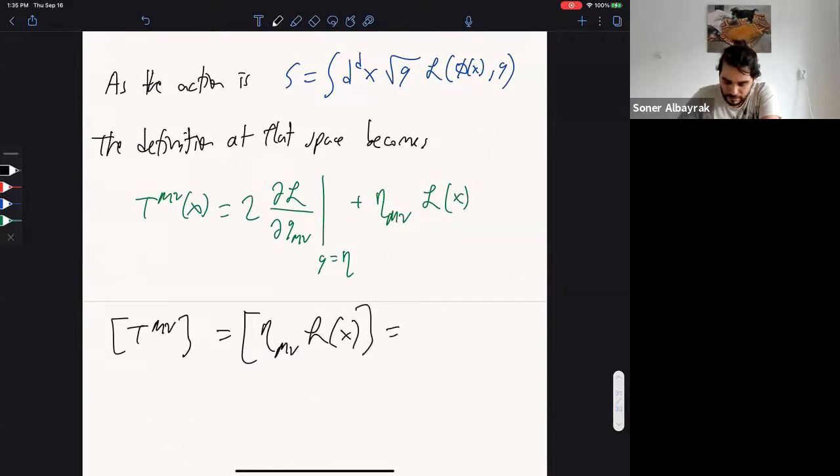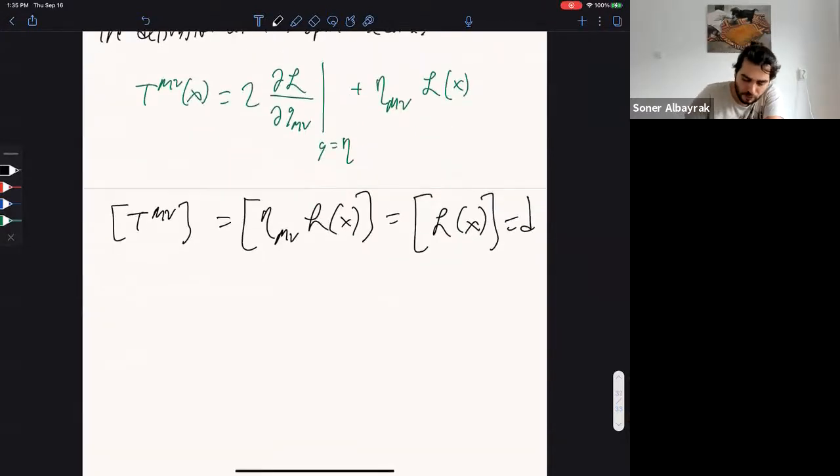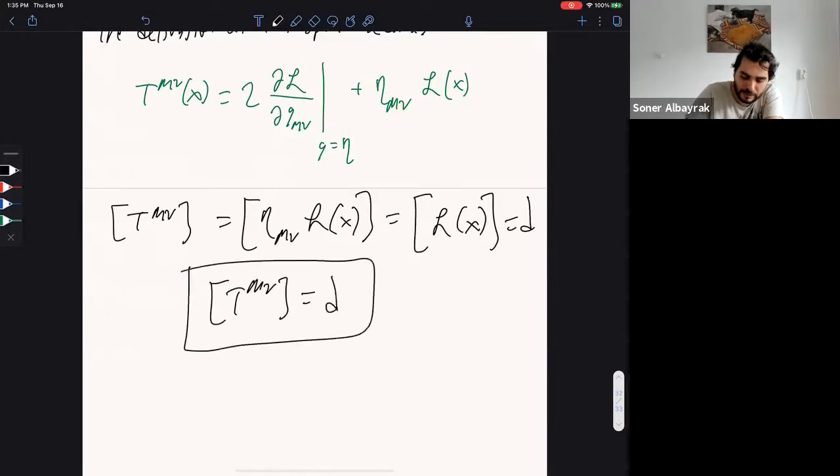It doesn't have any dimension. It's just 1, 1, 1, 1, with a minus if it is Lorentzian, but whatever. So it's the mass dimension of the Lagrangian, which is always d. So we found that T mu nu should have the mass dimension d. Okay, good, no problem there.